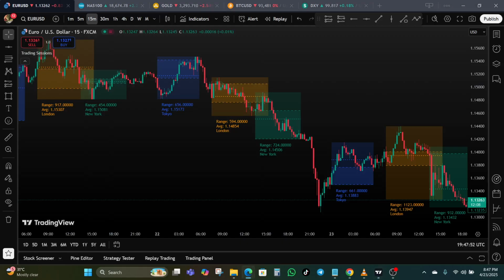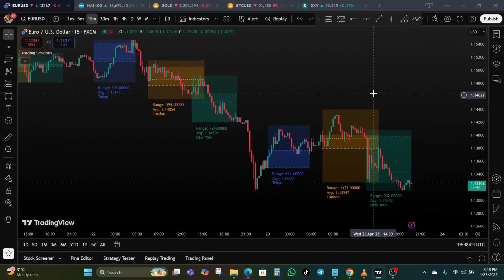This is where the most explosive movements happen. It is the perfect time to trade USD pairs. So you watch out for US economic news releases like the CPI, NFP, or Fed updates. These drive sharp intraday moves.